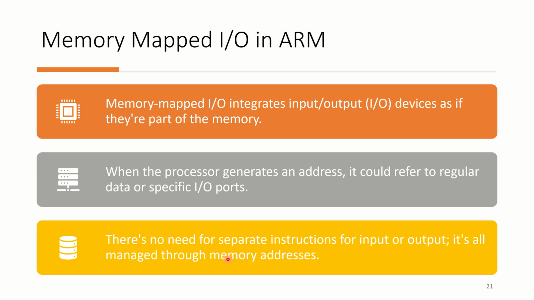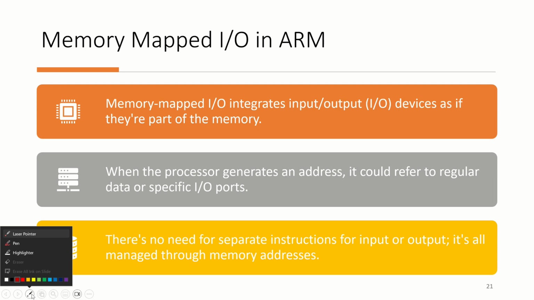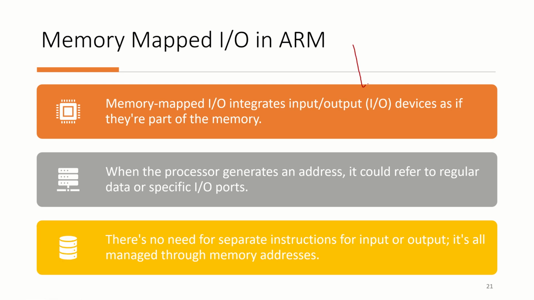Next we will see the memory mapped IO in ARM. Up to this point we have seen that we are taking values from the memory. But suppose you are making an automatic system, you need to take values from input output devices as well.